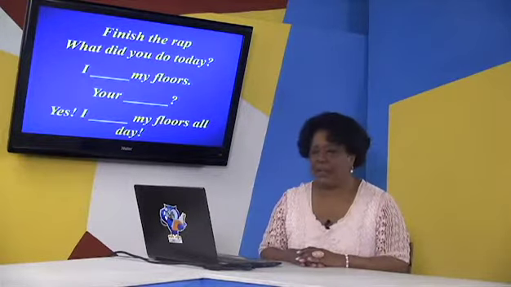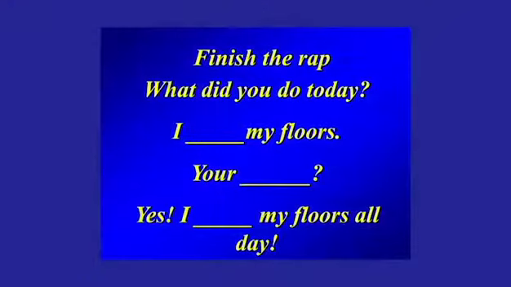Okay, so let's copy the rap with the spaces in blank. Part number 1. What did I do today? So you have to finish the rap. This is the instruction for the activity. What did you do today? I, my floors, your, and you have a question mark. Yes, I, my floors all day.